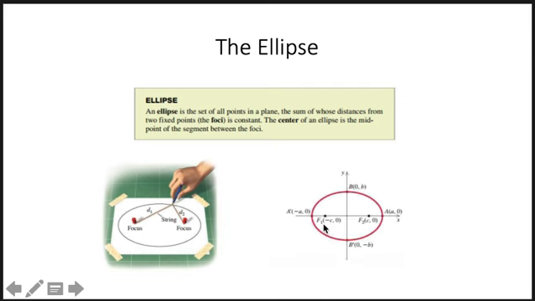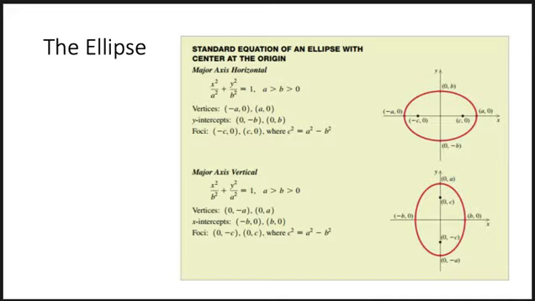Here's what an ellipse looks like, whose major axis is the horizontal axis or the x-axis. So what we're going to focus on in this screencast are ellipses that have their center at the origin.